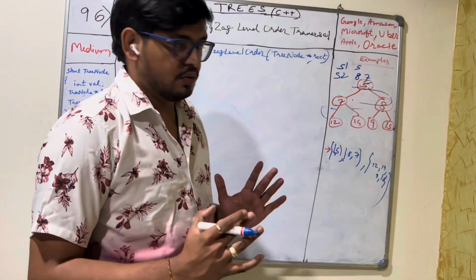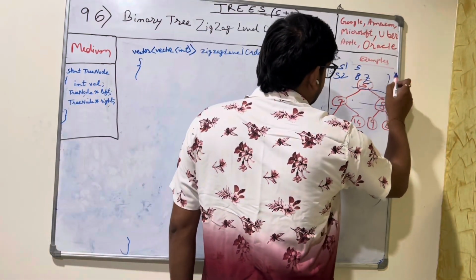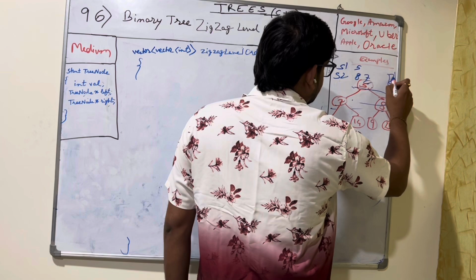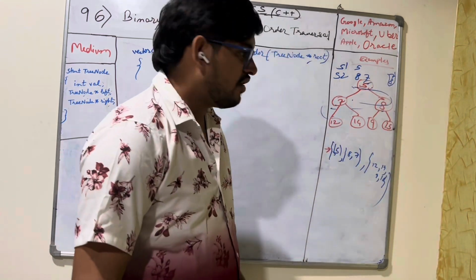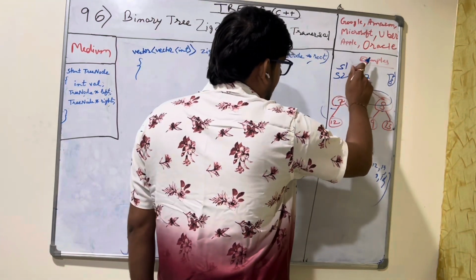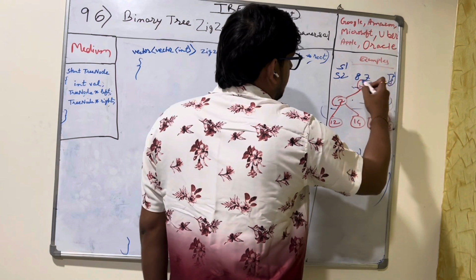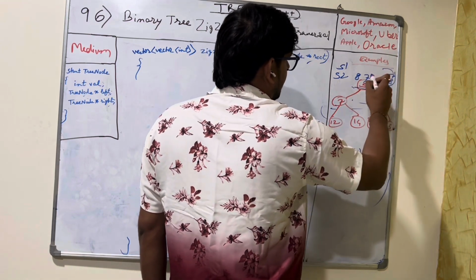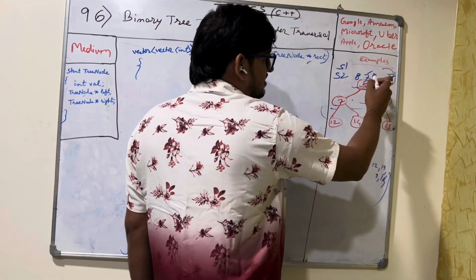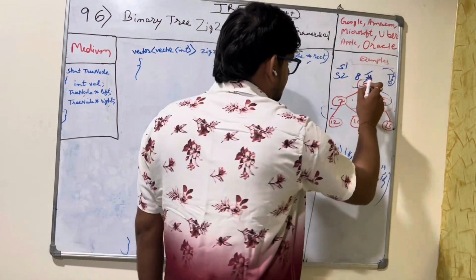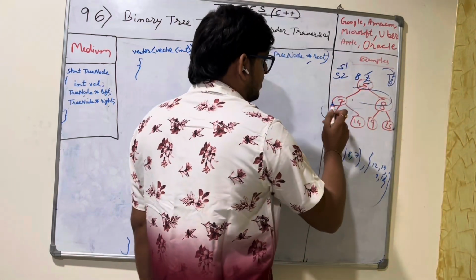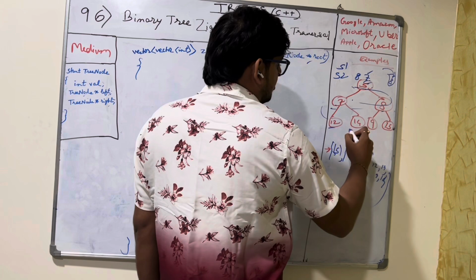Stack is like a container, right? First 8 was inserted and then 7 was inserted. Once stack 1 is empty, we'll pop the top element, that means the last element, last in first out. Last 7 was entered, so we'll pop this out and then insert its children.